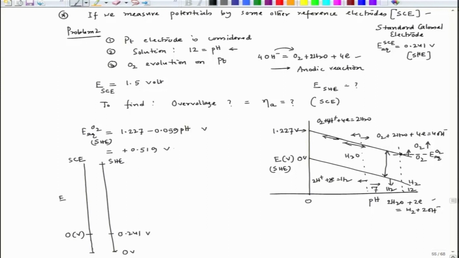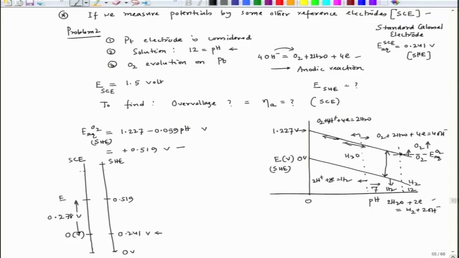Now, with reference to standard hydrogen electrode, this potential is 0.519. With reference to standard calomel electrode, this value becomes 0.519 minus 0.241 equal to 0.278 volt, because when we use standard calomel electrode, this is my reference potential.